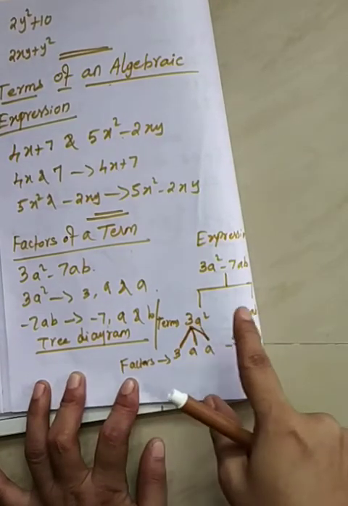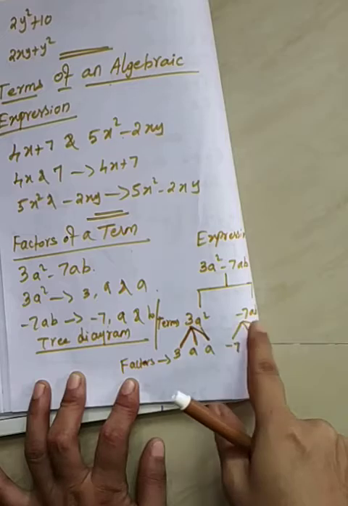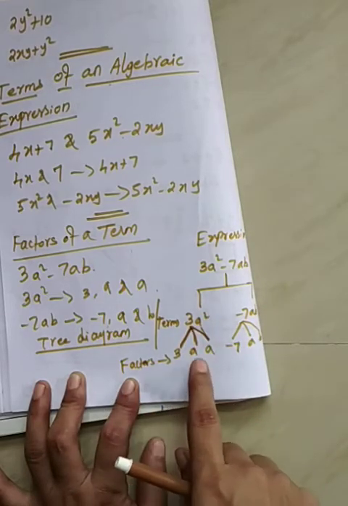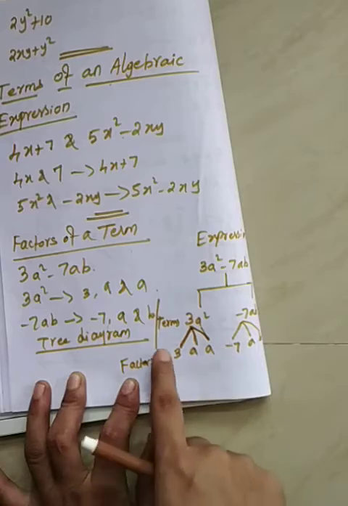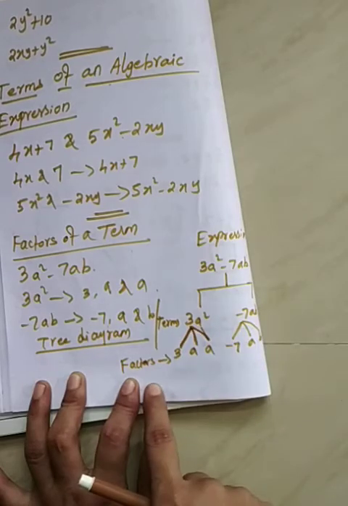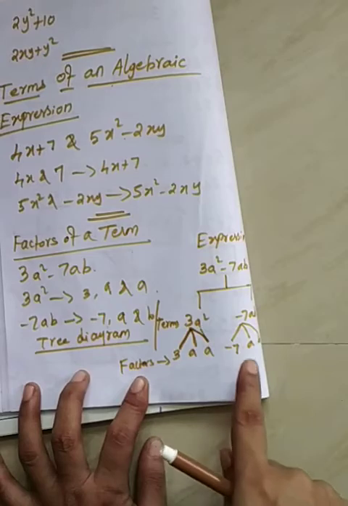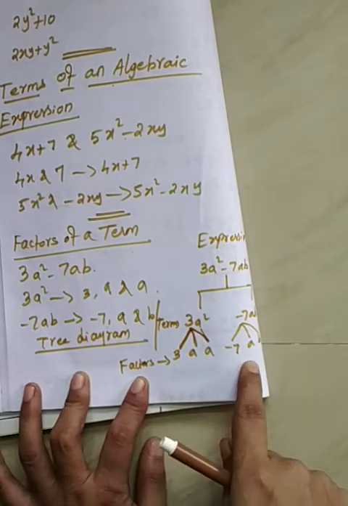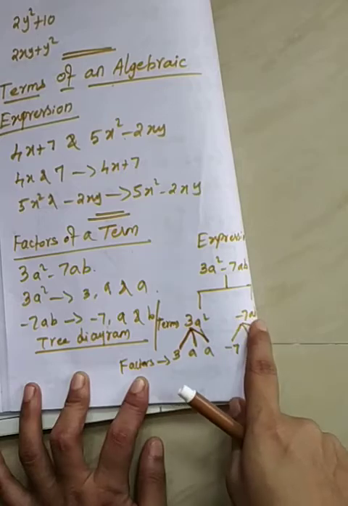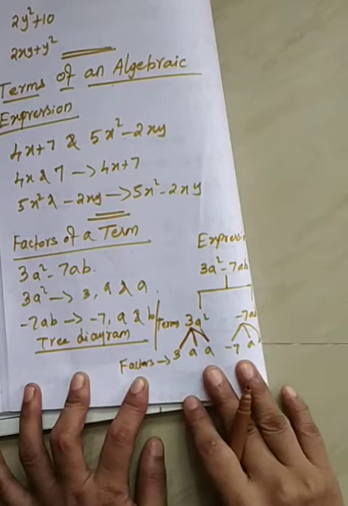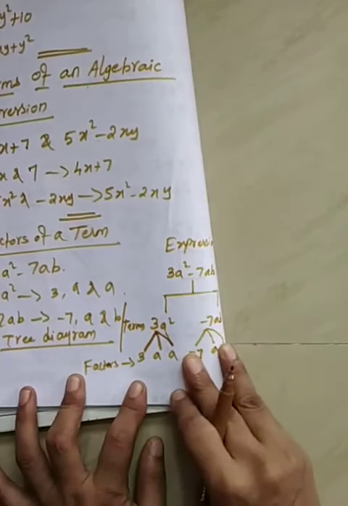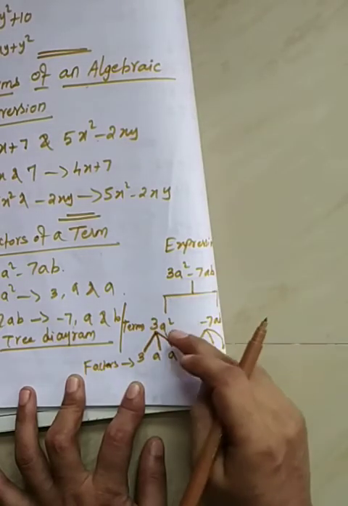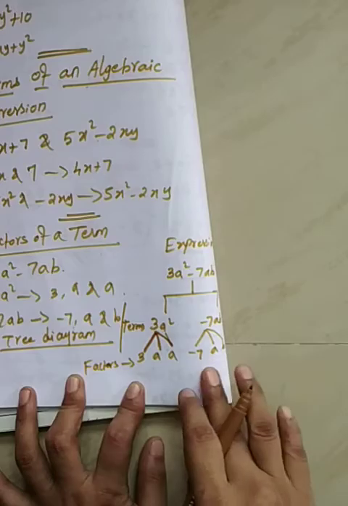For 3a squared we can write 3 comma a comma a, and this is called the factors of the term 3a squared. Similarly for minus 7ab, these are the factors of the term minus 7ab. Everybody clear the tree diagram? You take the expression, split the two terms, and each term can be written as its factors.